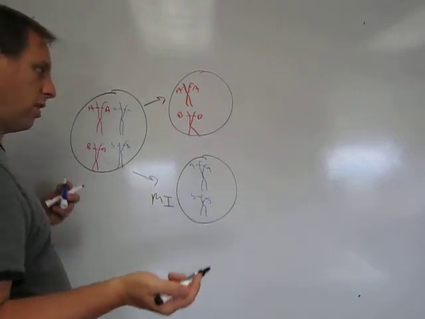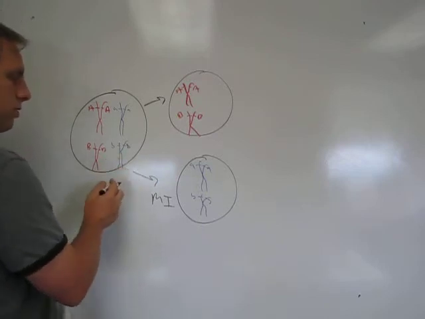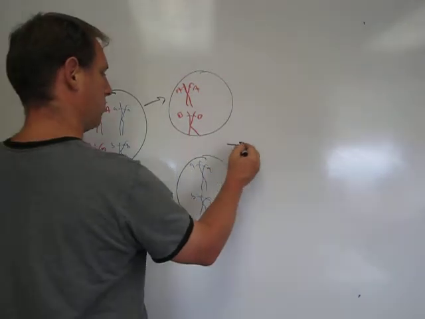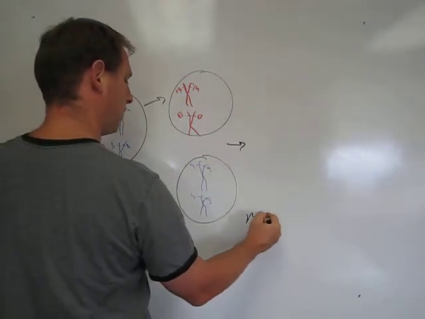Now you undergo M2. This is like the mitotic division. M1 is called the reductional division at first, and then you go through what is like a mitotic division in M2, and the centromeres split.